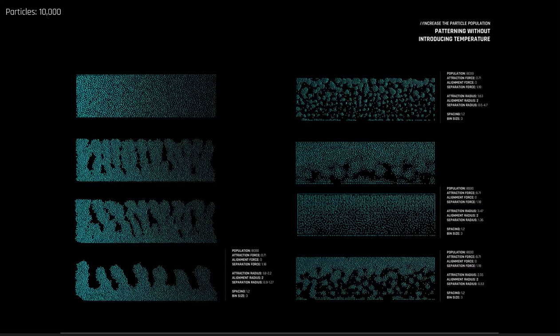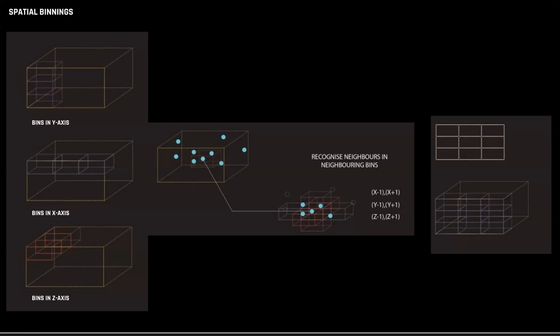The strategy in simulating these particles, we used something called spatial bins. Basically, they can be similar to voxels. They are containers, and each container has a number of particles, and within these containers, the particles interact, and from one container to the other, the particles also interact with each other.